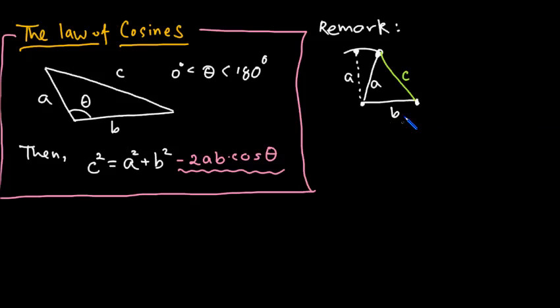So let me use this acute example to compare the result with the Pythagorean theorem. Here's this dotted line making 90 degrees with the baseline. The base is B, same as here, and this perpendicular line has length A. We're going to compare this length C with the hypotenuse of this right triangle.